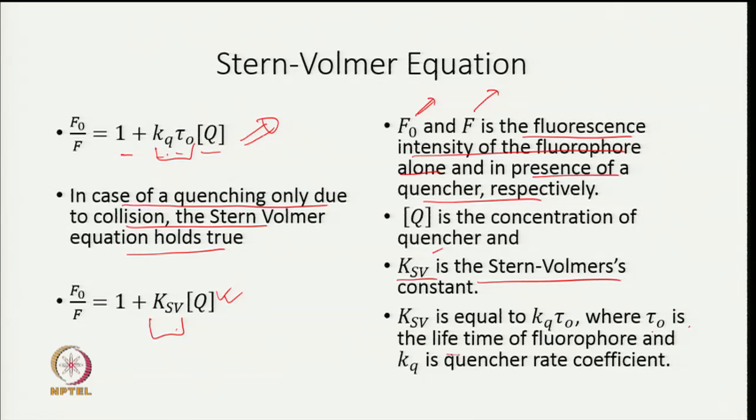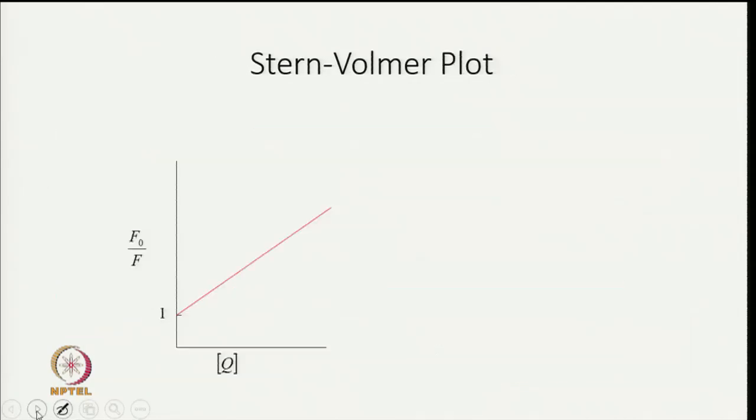Tau naught is the lifetime of the fluorophore, and Kq is the quencher rate coefficient. Now, we can plot F naught by F versus Q, and we expect to get a straight line with intercept 1 and slope equal to Ksv. This is the well known Stern-Vollmer plot.